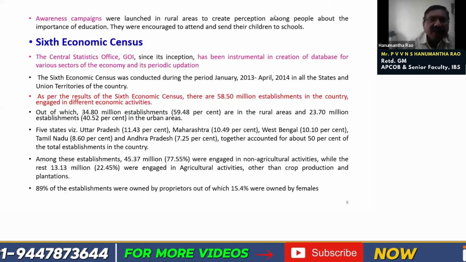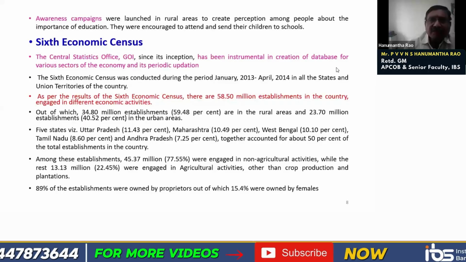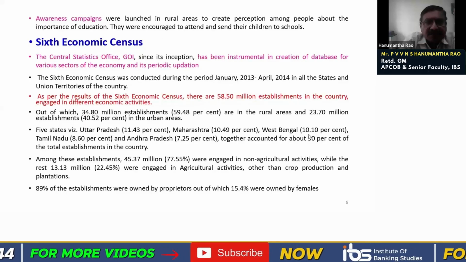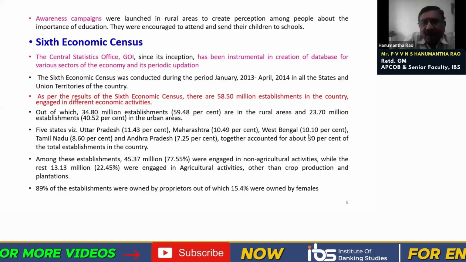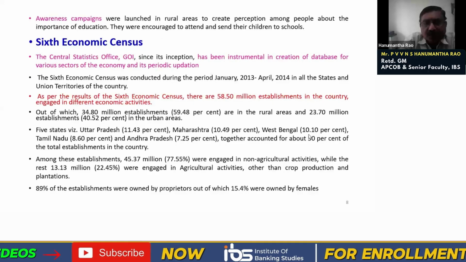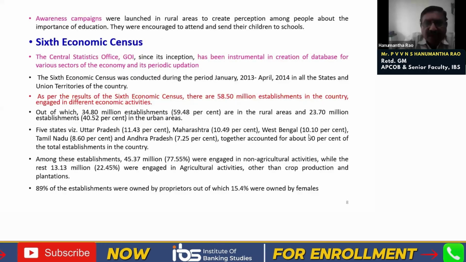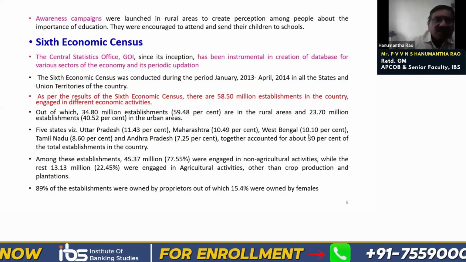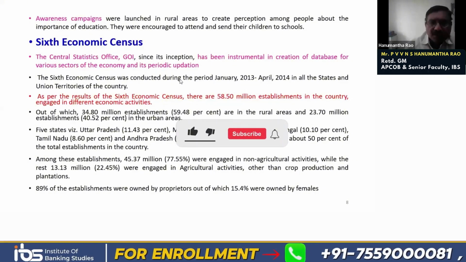Next one is awareness programs were launched in rural areas to create awareness among people about the importance of education. They were encouraged to attend and send their children to schools. So the government is also conducting awareness programs. So that is with regard to our literacy.